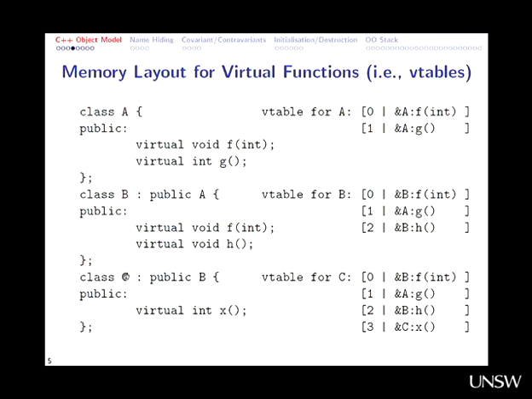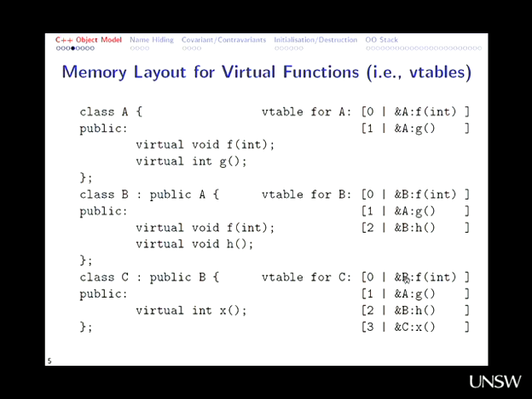Class C inherits from class B. Class B, of course, inherits from class A. Remember our memory layout from a previous slide. This V-table is first of all going to have a virtual void f, but the B version.